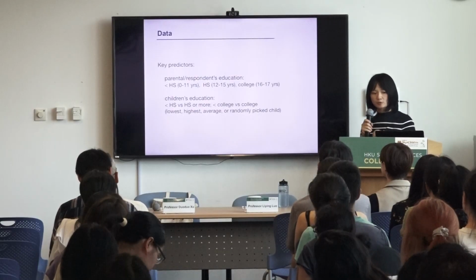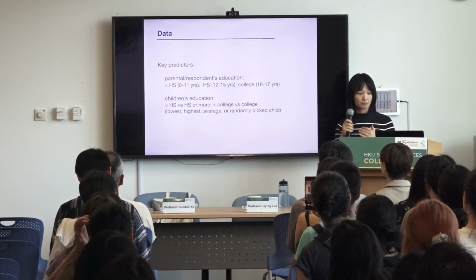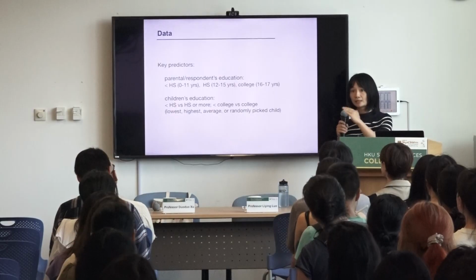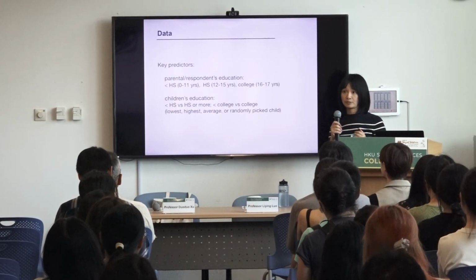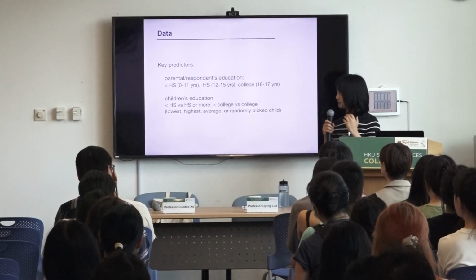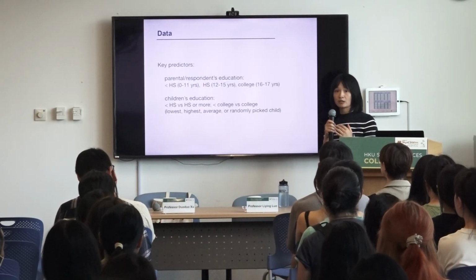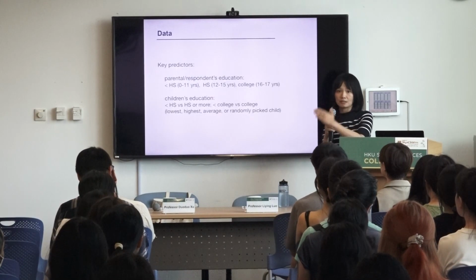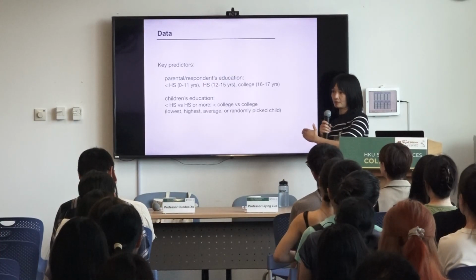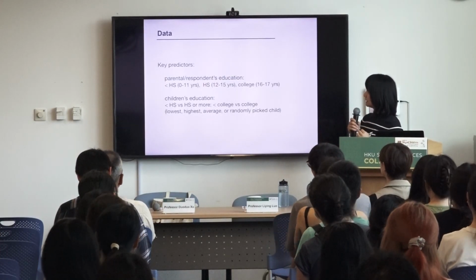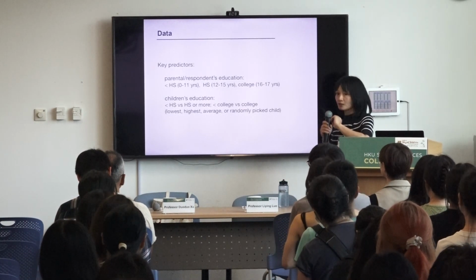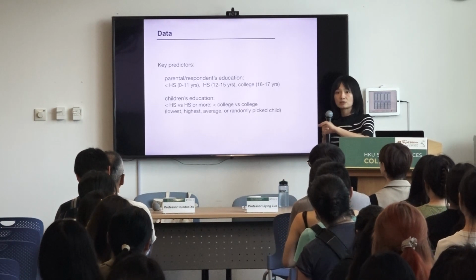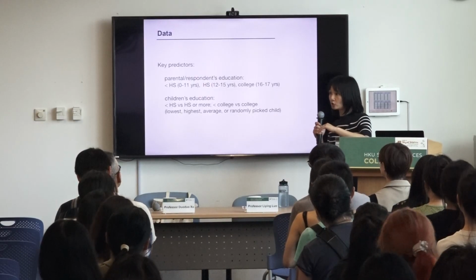The key predictors that we consider here are parental or respondents' education. I'd like to be clear: to facilitate presentation and interpretation, by parents we refer to the HRS respondents, and children are the children of the respondents. To measure parents' or respondents' education, we construct 3 levels of education based on years of schooling.